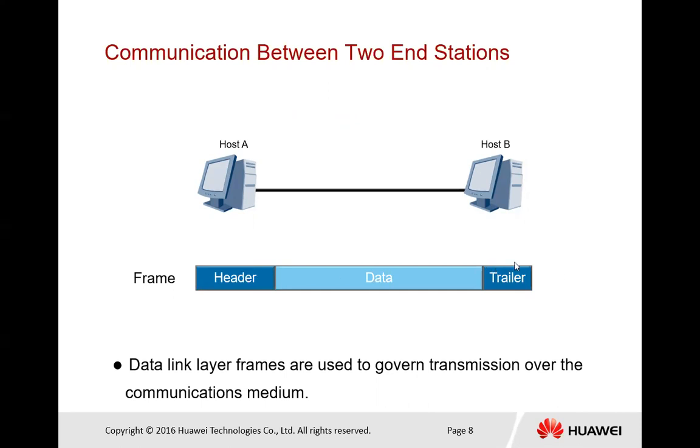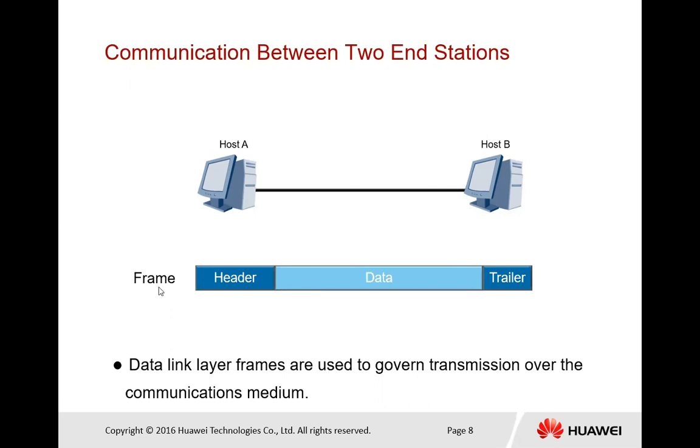So what does it mean? What is the role of the trailer? The role of the trailer is the CRC, which is specifically for the checksum. So it maintains the integrity of the data. If there is an error in the data field, the trailer field helps to find out the error.